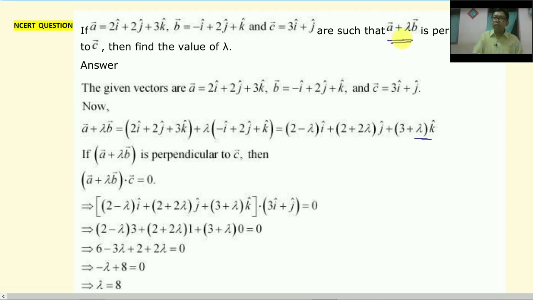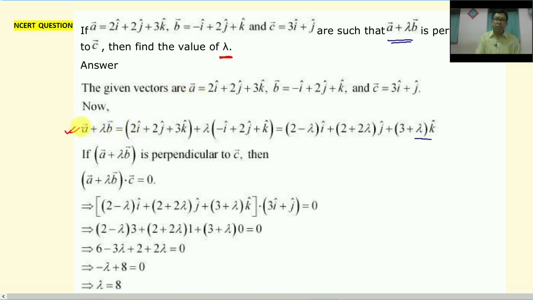I change the ink color. A vector plus lambda B vector is perpendicular to C vector, and next you have to find out lambda.